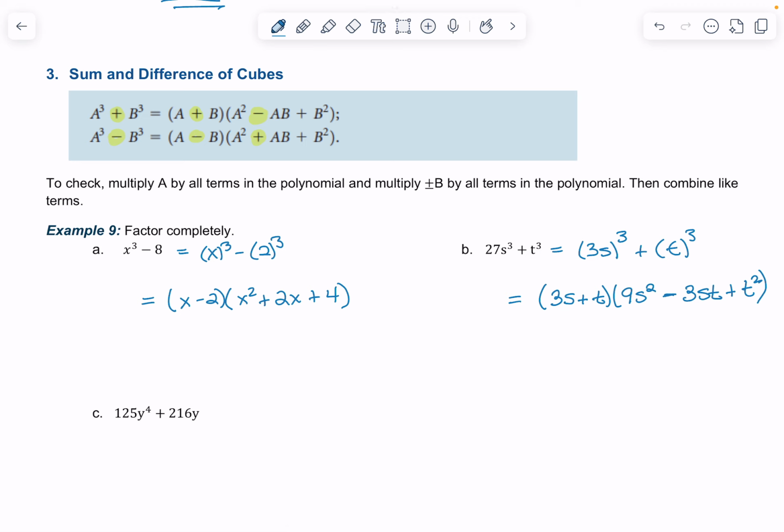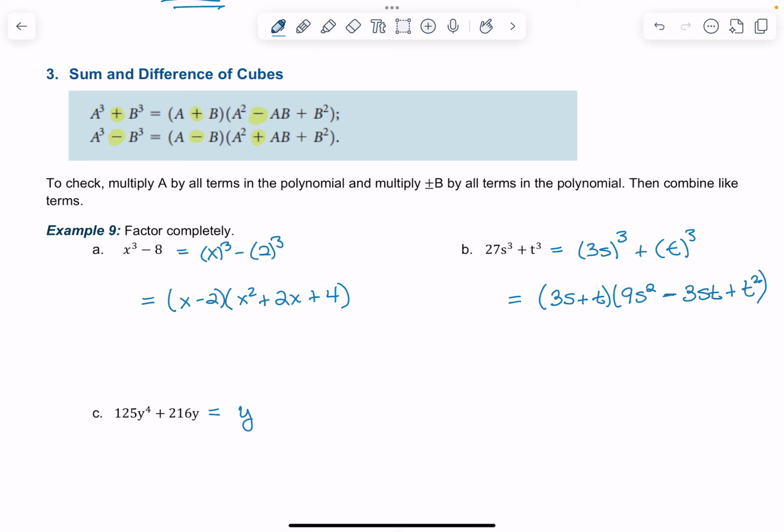My last one here, I'm looking at that 216, trying to think. I think it's a 6. Let me look. 6 times 6 times 6. Yeah. Okay. So I look at it, and the 125 I recognize. This is a 5. Oh, wait, there's y's in both. Let's pull out a y.